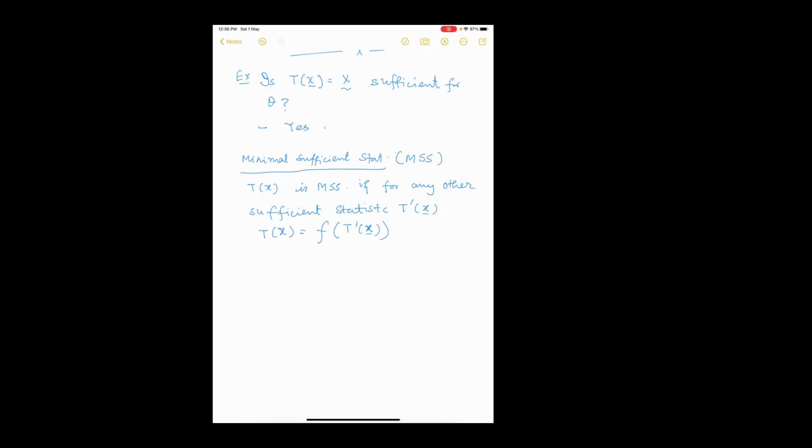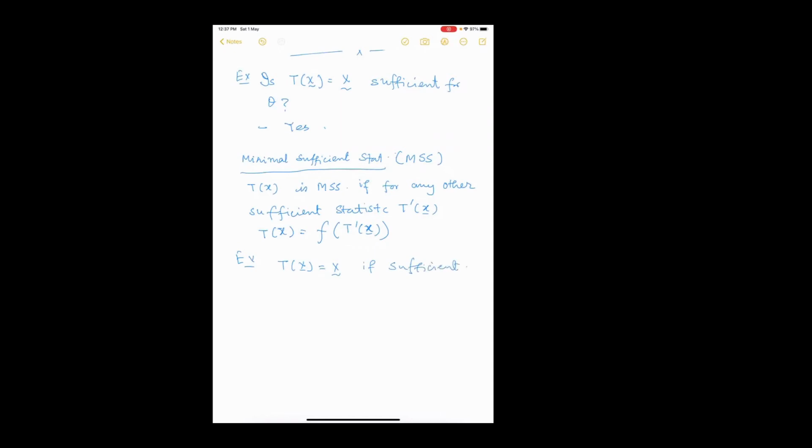The purpose of a minimal sufficient statistic is this: I know that T of x tilde equal to x tilde is a sufficient statistic.